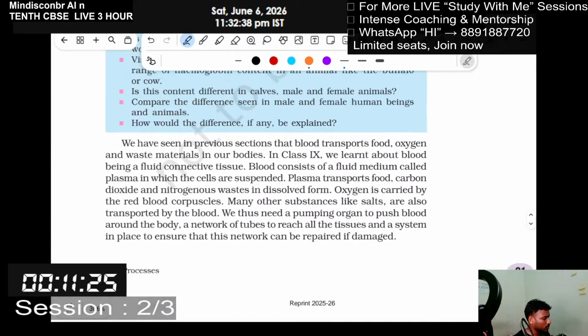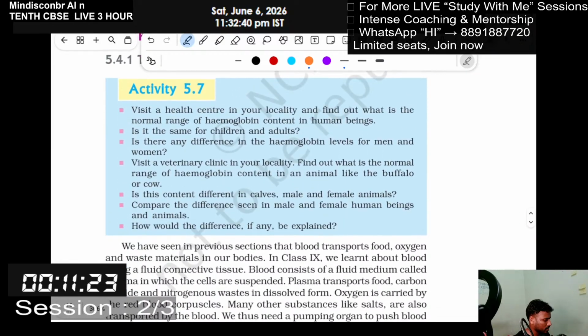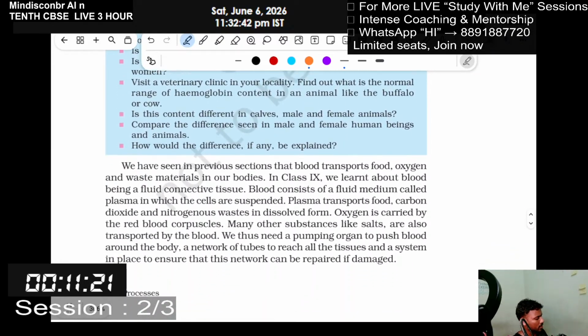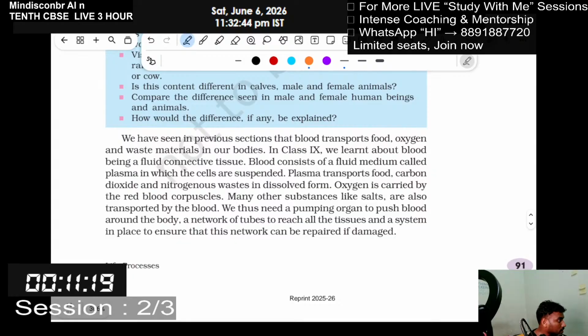So coming to this section, transportation. We have seen in previous sections that blood transports food, oxygen and waste materials in our bodies. In Class 9 we learned about blood being a fluid connective tissue. Blood consists of a fluid medium called plasma, in which the cells are suspended.